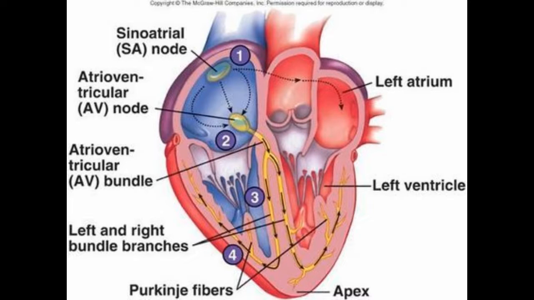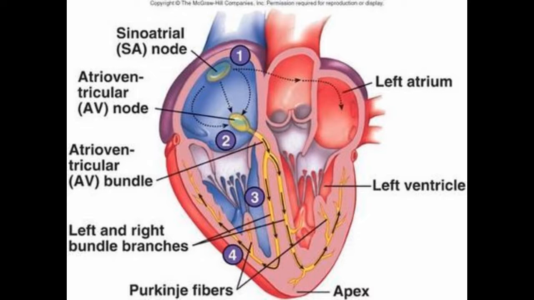The AV node is important because it causes that electrical impulse to pause or slow down. It needs to tell that electrical impulse, hey, slow down. We need time to make sure that the blood in our atria gets all the way out and into the ventricles. Because if it went too fast, the atria wouldn't be able to empty fully.